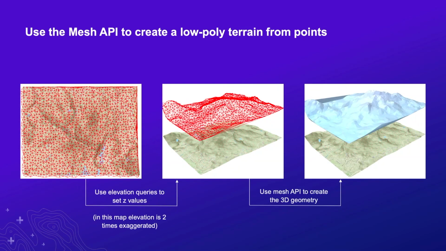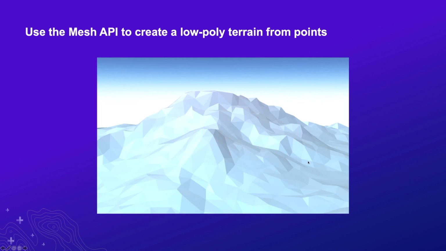But then I will be using elevation queries on the terrain to get the set values. And additionally, I'm also exaggerating the height 2 times just to give it a more impressive look. And next, I'll be using the Mesh API to create the 3D geometry. So in the end, it looks a bit like this.